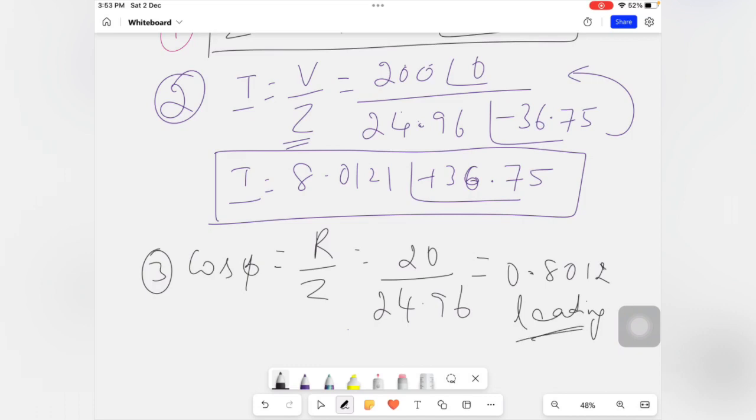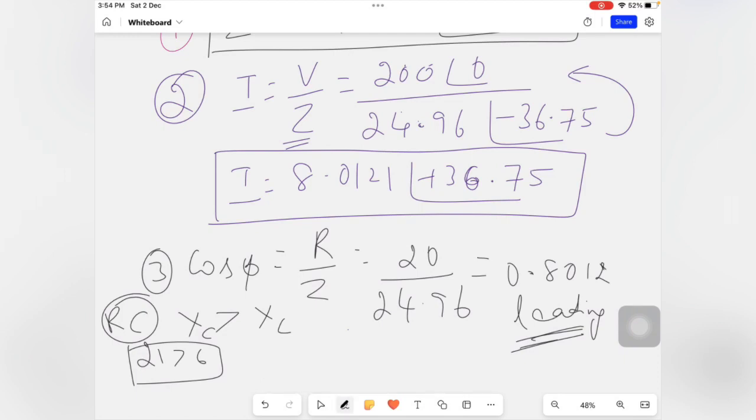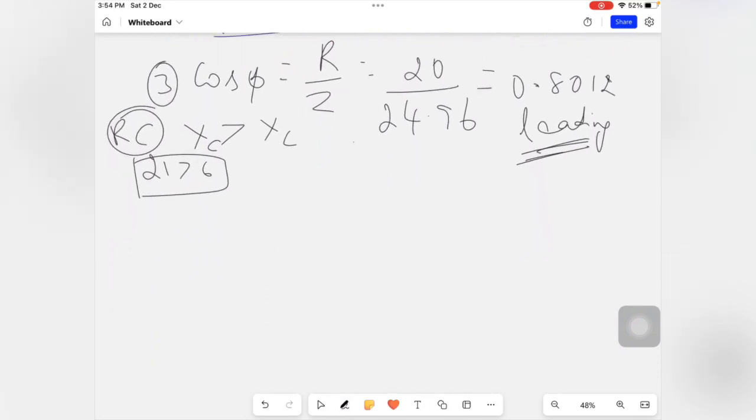Power factor is leading because XC is greater than XL. XC value is 21 and XL value is 6, so 21 is greater than 6. Obviously then it's an RC circuit. When it is an RC circuit, current is leading the voltage. Therefore, power factor is leading. So this is the third important determination.